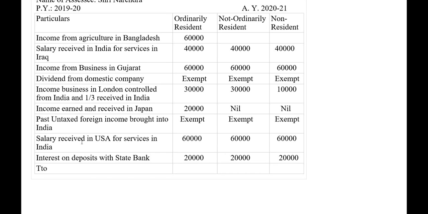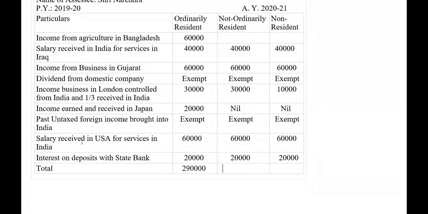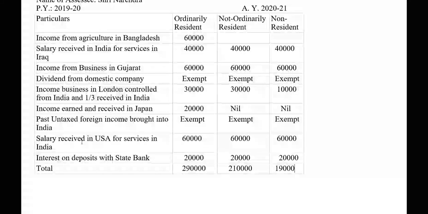So now let's take the total. In the first case it is 2,90,000. In the second case it is 60, 1 lakh, 130, 190, 210, so 2,10,000. Then next it is 40, 1 lakh, 110, 170, 190, so 1,90,000.